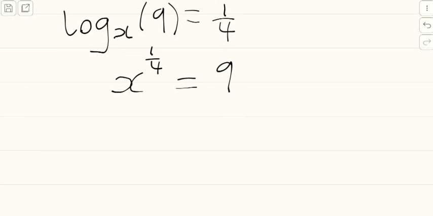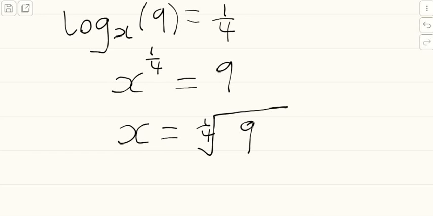And then from here, two ways of doing it. I'll show you both ways. So we can say that x is going to be the quarter root of 9, which is going to be equal to, using your calculator, 6,561. Again, that's one way of doing it. Let me show you the other way.